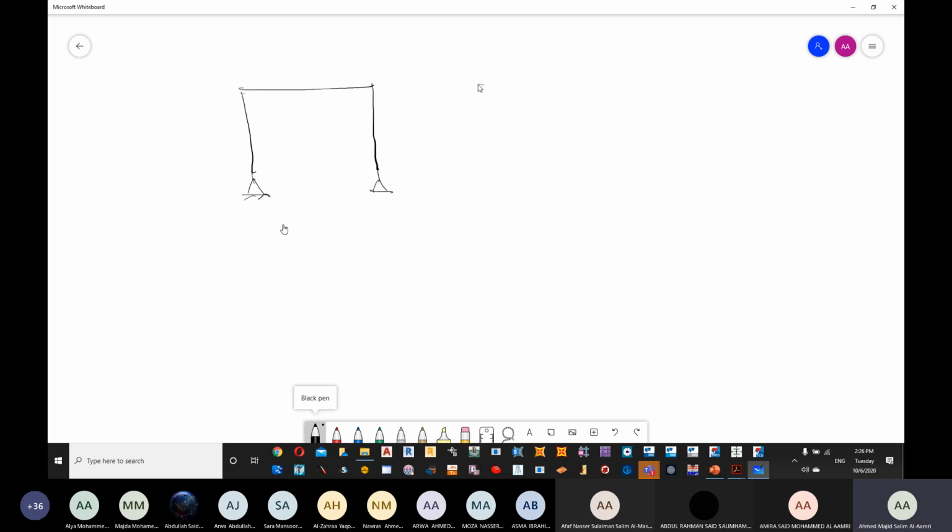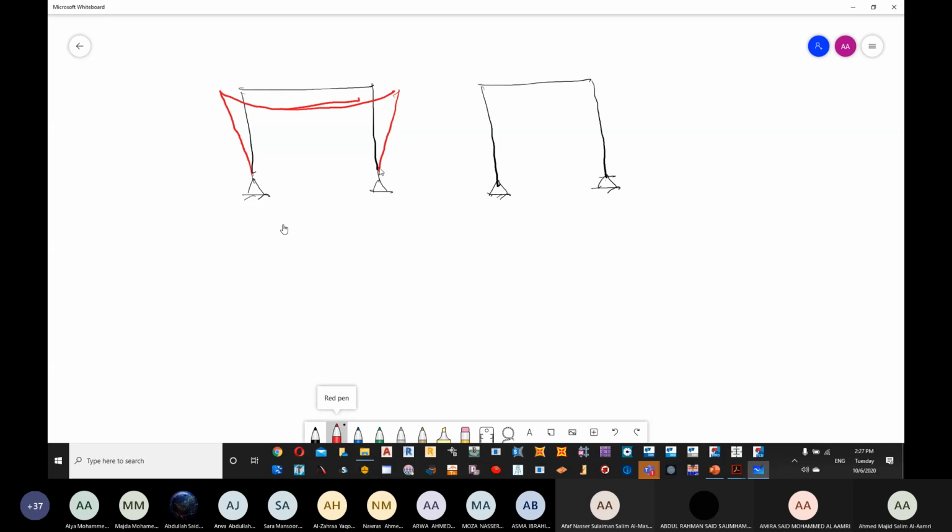This is a ruler again. This is another frame. Now, what happens? What do we say about the bending moment diagram? We say the bending moment diagram is going to be over here, right? Are we fine?